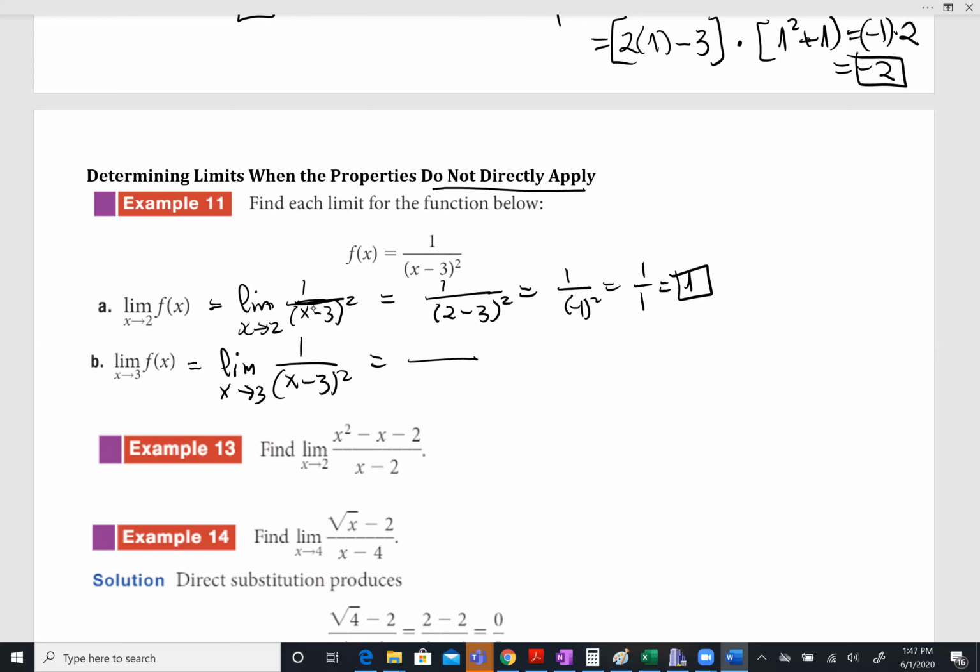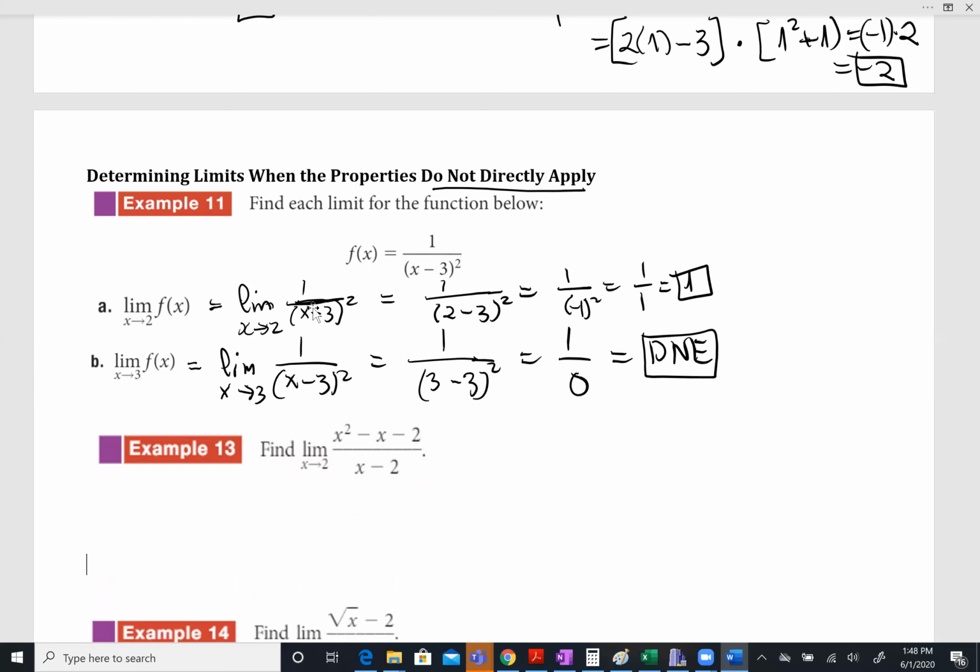I have 1 over (3 minus 3) squared, then you have 1 over 0, so the limit does not exist. In this case, if you cannot factor anything and you still have 0 at the bottom, then you say the limit does not exist.